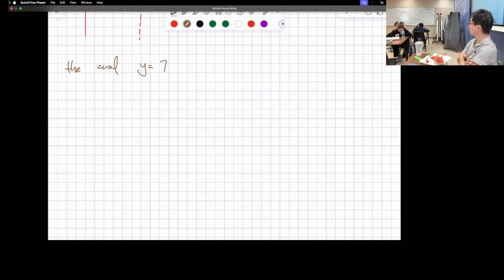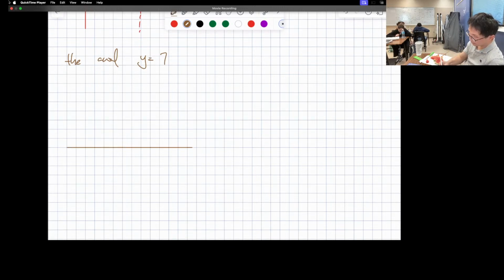Can I go over it now? Okay, so y equal to 7. This is the graph that's gonna be here. 7's right here. Sorry, 7's the other way. 1, 2, 3, 4, 5, 6, 7. 7's like this. So this is this line and this line.